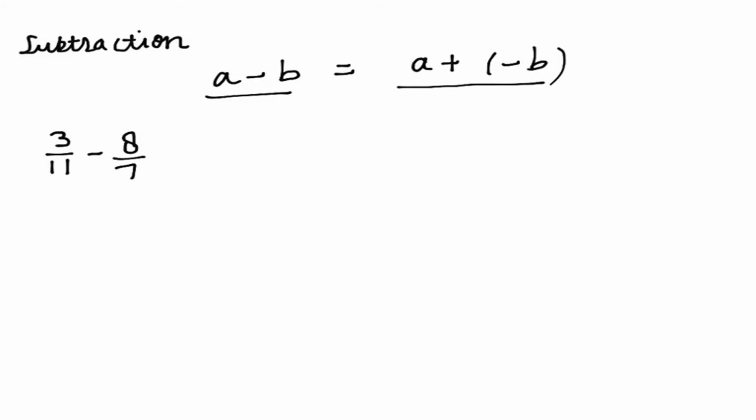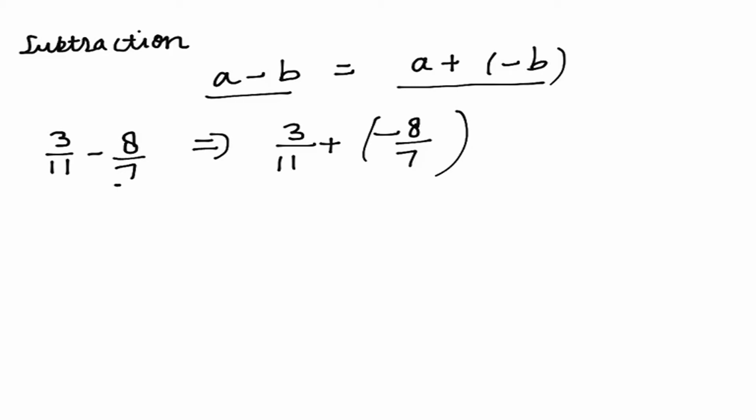We can simply subtract it, or we can write it as 3 by 11 plus 8 by 7. It means we are adding the additive inverse of minus 8 by 7 to 3 by 11. Both will give the same answer. Here we can do subtraction also, so it depends upon you. If they are asking for the additive inverse in the question, then you can write it down. Otherwise you can do the simple subtraction.